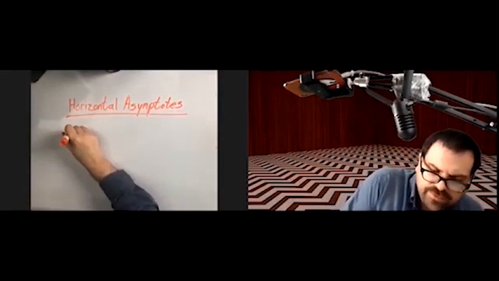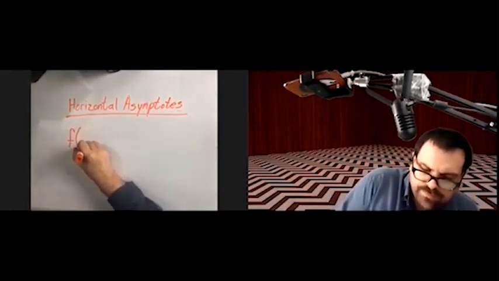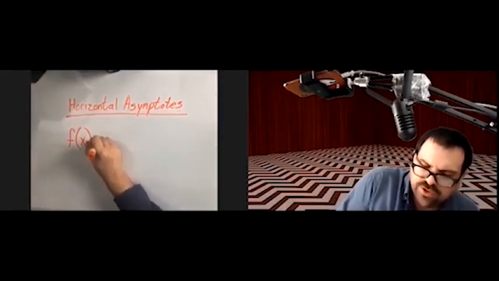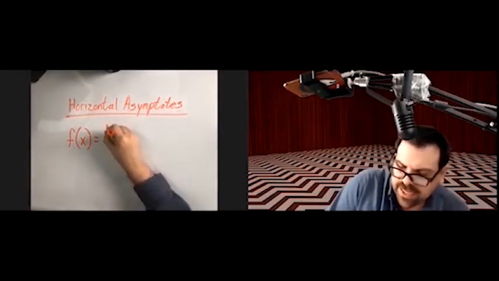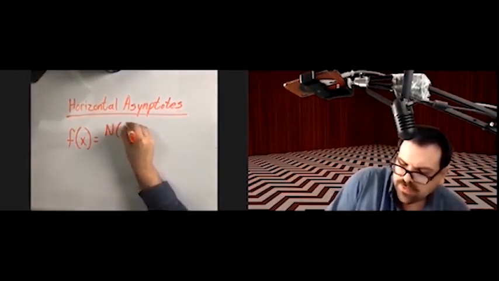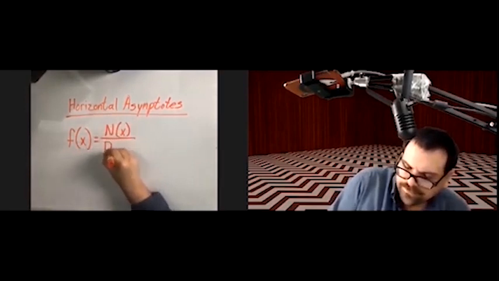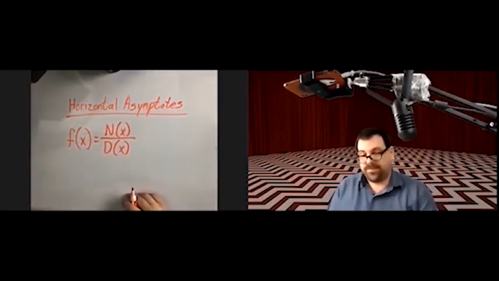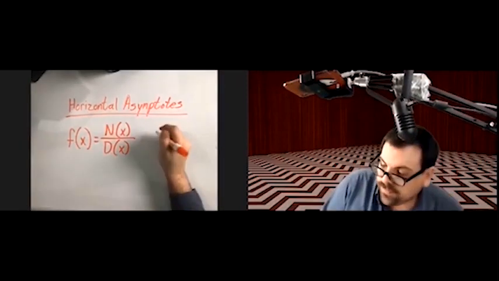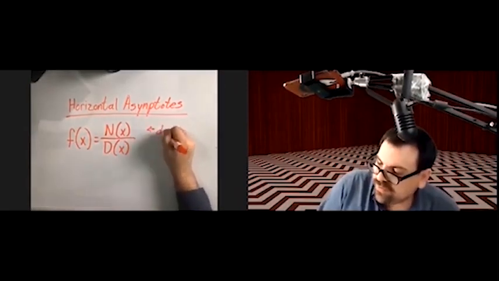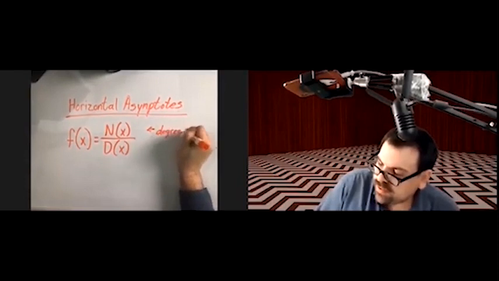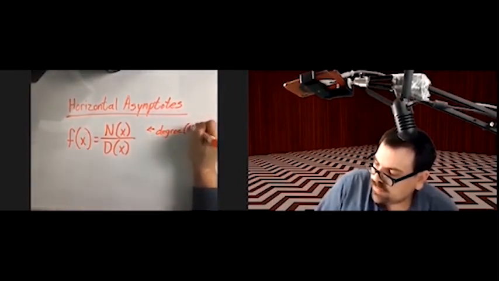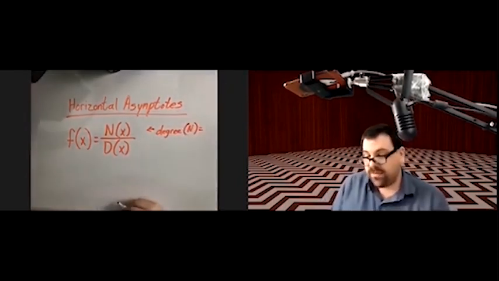If we have a rational function, f of x, and it has some numerator on the top, some denominator on the bottom. On top, we want to find the degree of n.